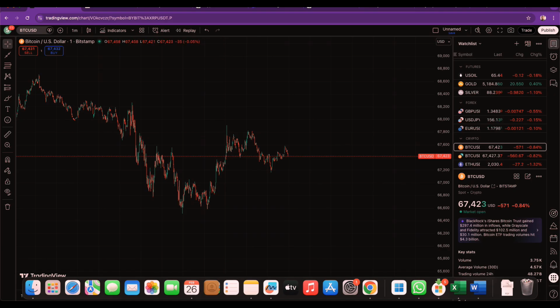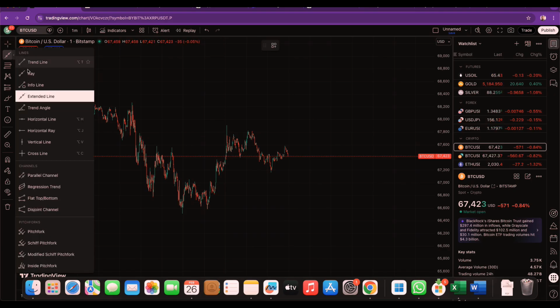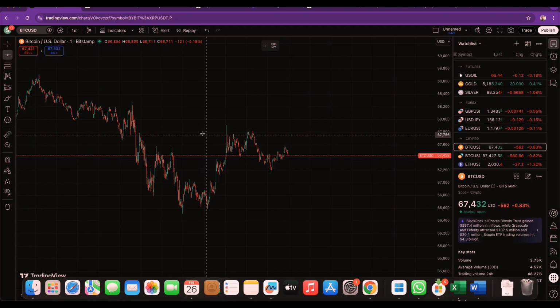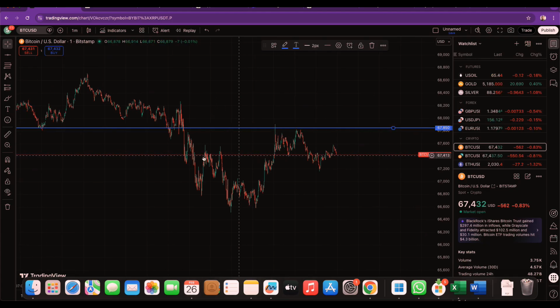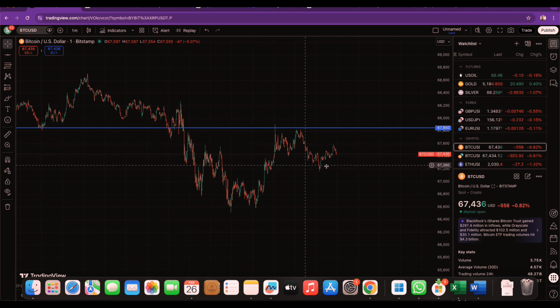So for me, I would say within this area is a very good support and this is a very good resistance. Let me use this horizontal line here. This is a resistance. There was a resistance at 678. This is a resistance level, and this is the support level.